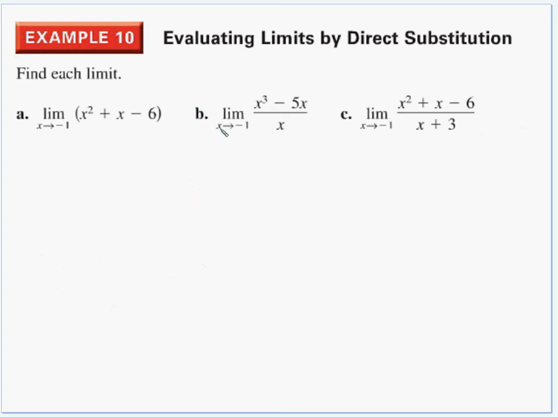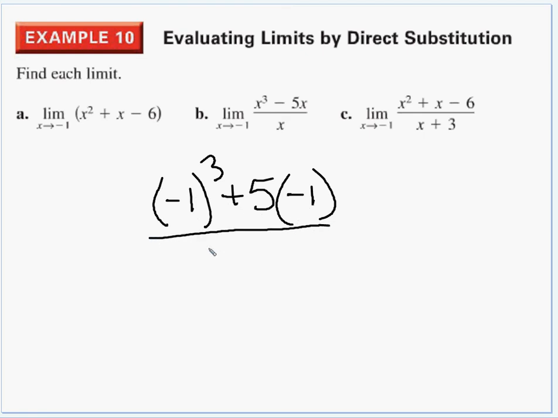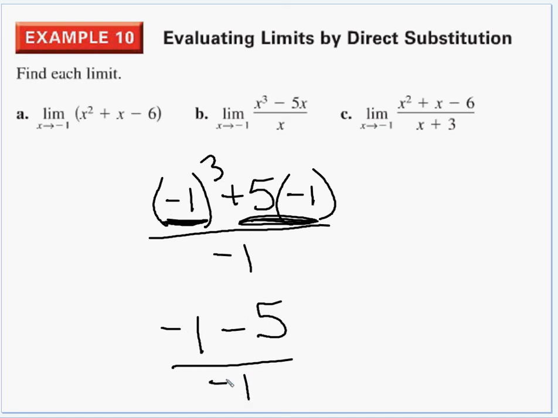Letter B, x is approaching -1. X cubed minus 5x over x. Always try direct substitution first. So that's going to be a -1 cubed plus a 5 times a -1 over -1. So when we cube, the negative escapes. So this will be a -1 minus 5 divided by -1.